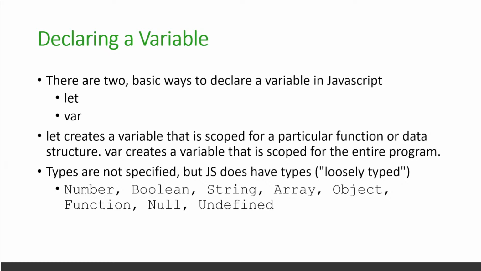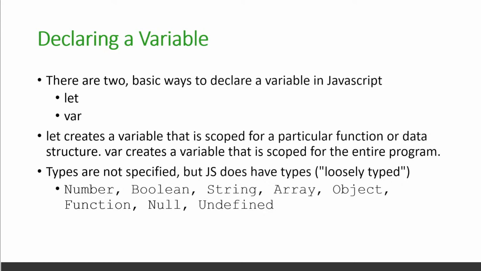And we need a keyword to declare a variable in JavaScript, whereas we didn't need a keyword to declare a variable in Python. And there are two basic keywords in JavaScript that we can use to declare a variable. They are let and var.